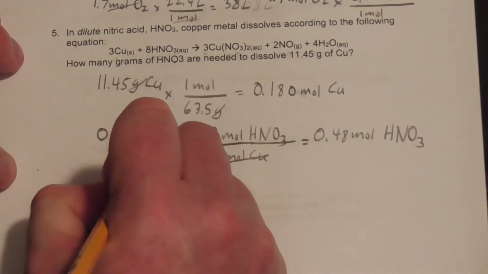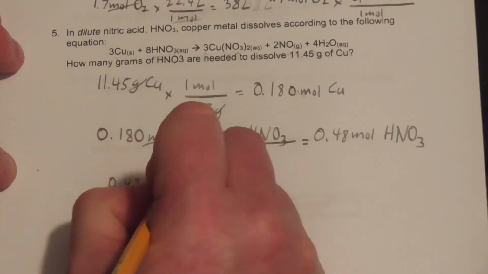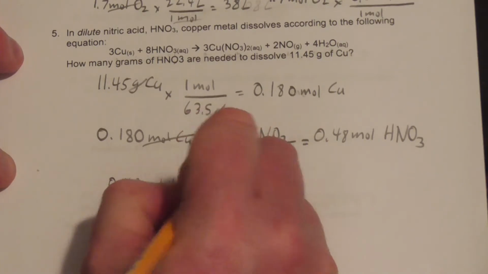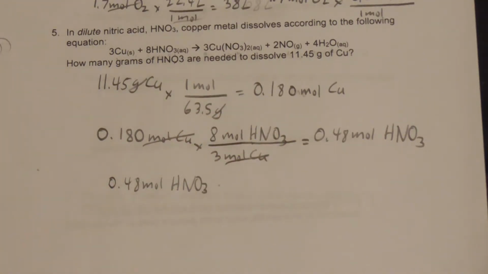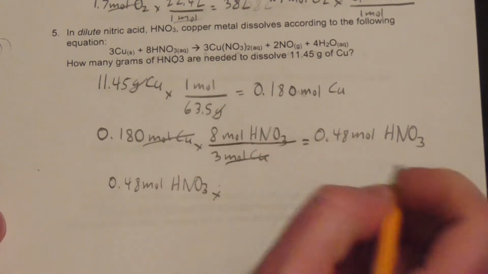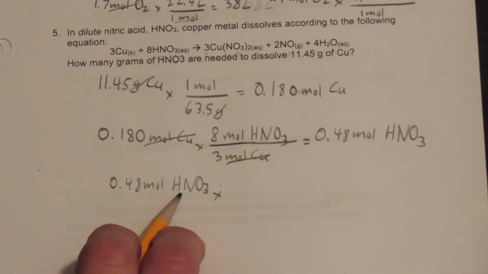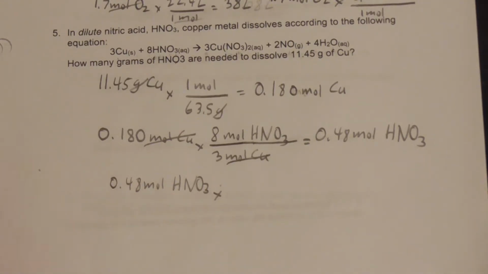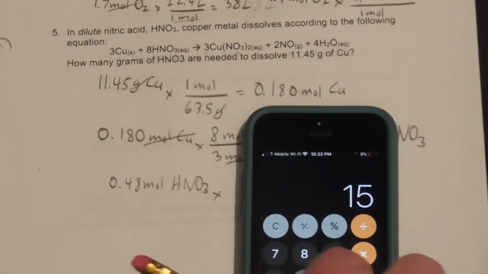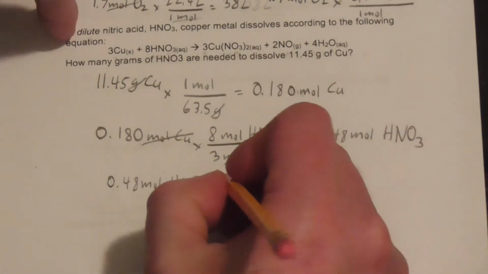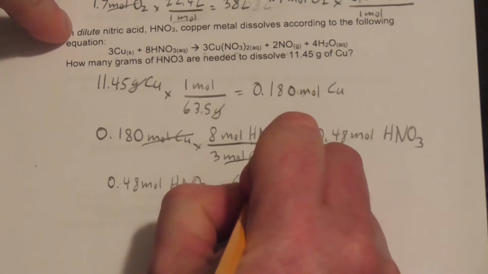So 0.48 moles is now going to have to be turned back into grams. Hydrogen is 1, nitrogen is 14. That's 15. 15 plus 48 is 63. 63 grams is my gram molar mass.